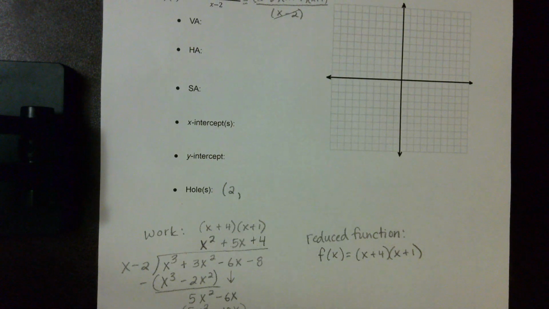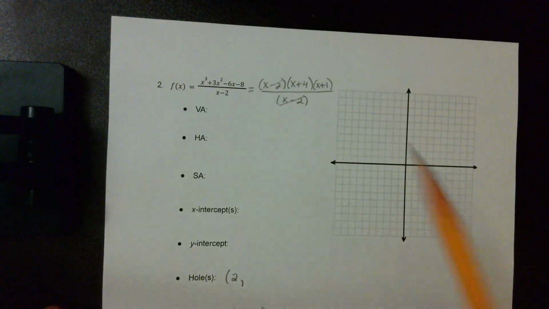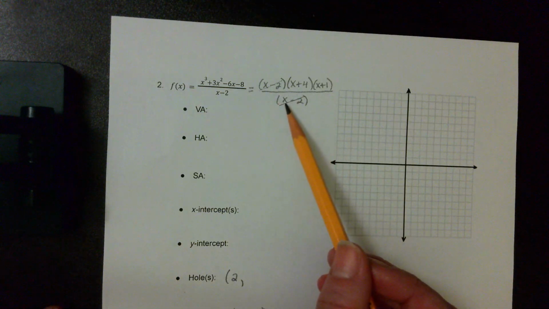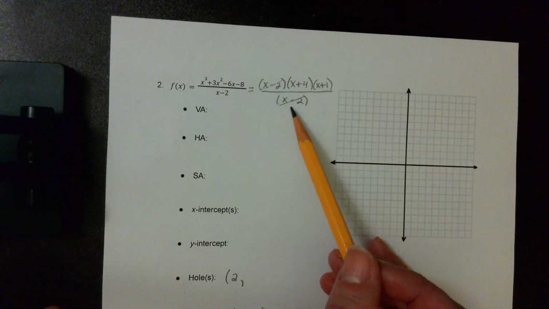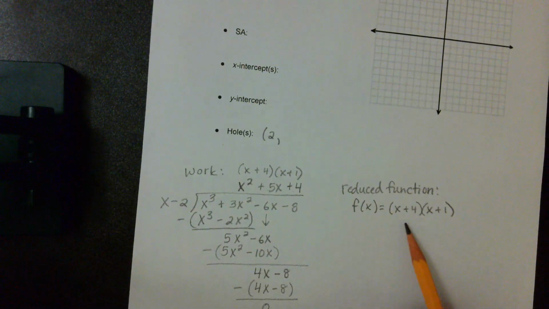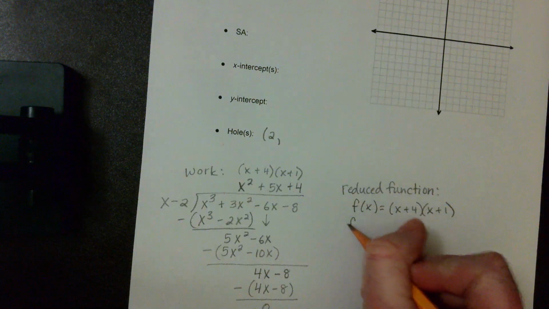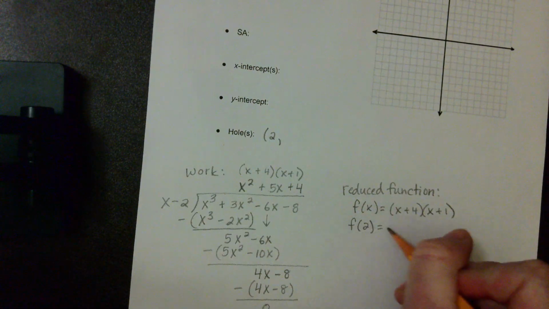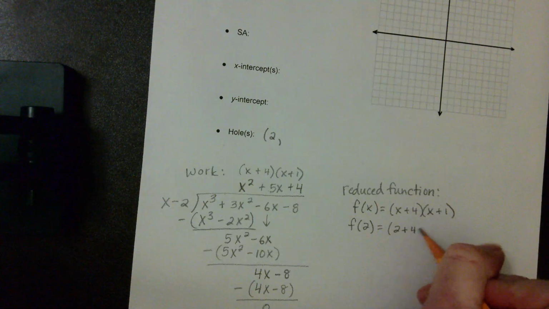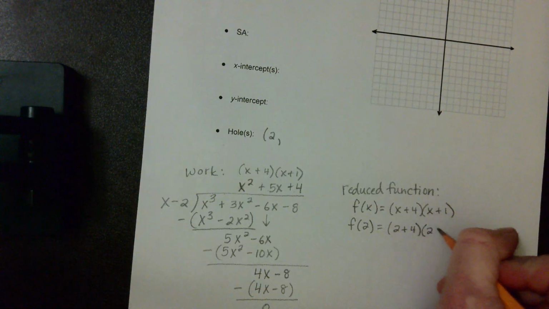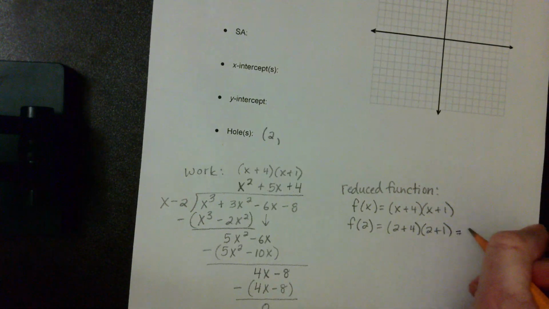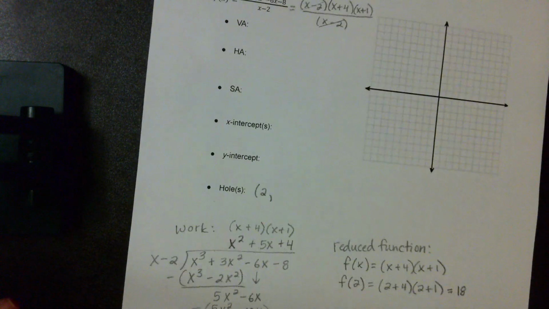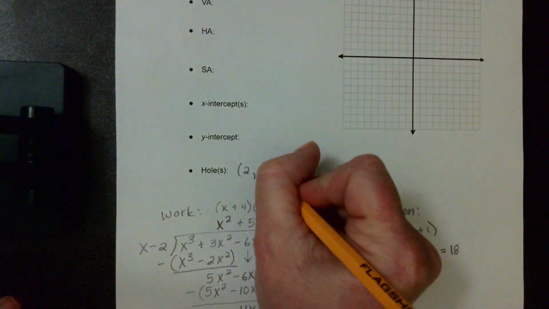Now see, the problem is if I try to evaluate out of my original function, as soon as I put in the 2 minus 2, I would have gotten undefined. Okay, so I can't find that y value. So that's why I use my reduced function. So when I find f of 2, this is going to be 2 plus 4 times 2 plus 1. So this is 6 times 3, which gives me 18. So my hole is going to occur at 2, 18.